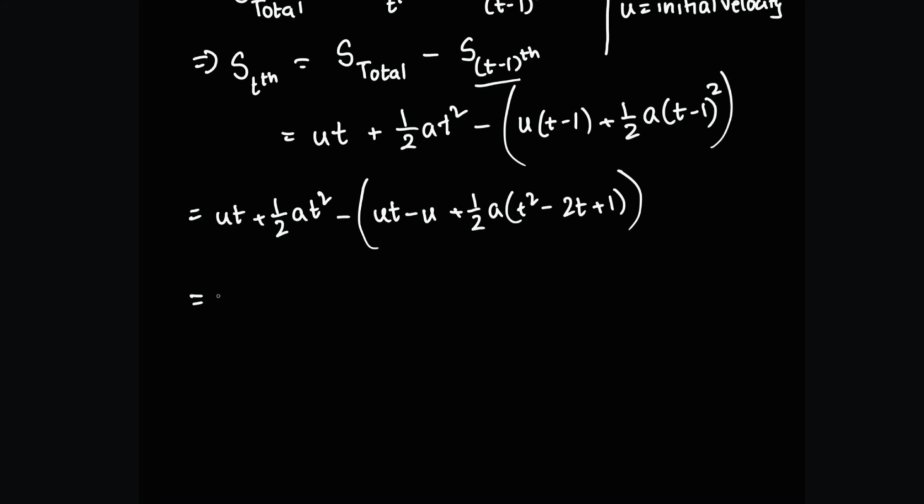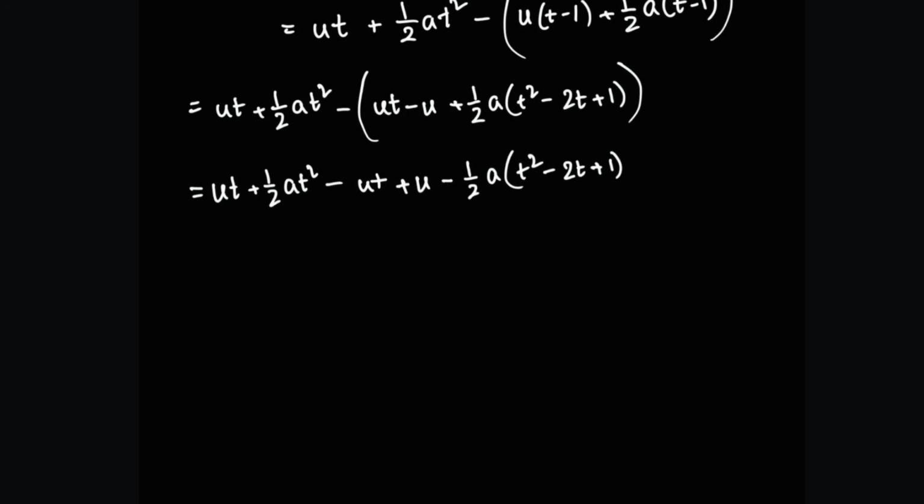You simplify this again, you get ut plus half a t squared minus ut, and minus and minus before u becomes plus u, minus half times a times the expression inside the bracket.